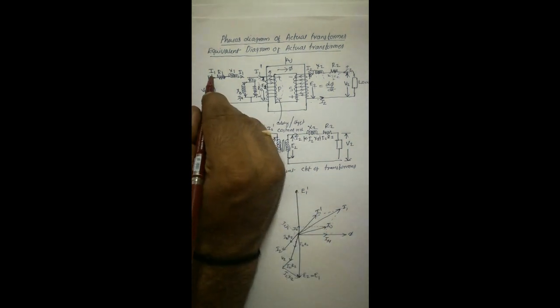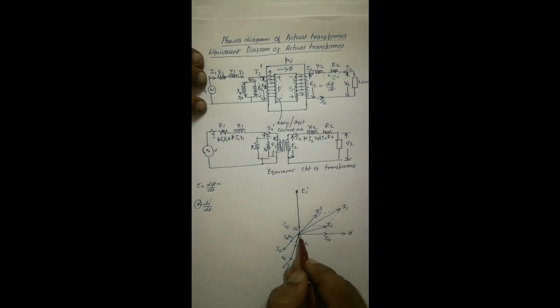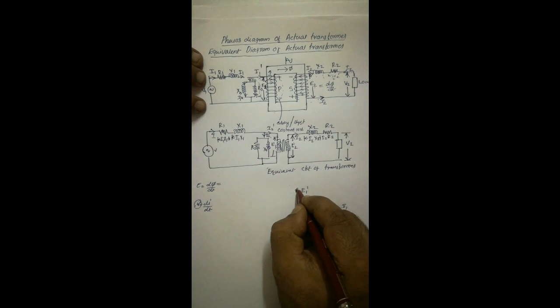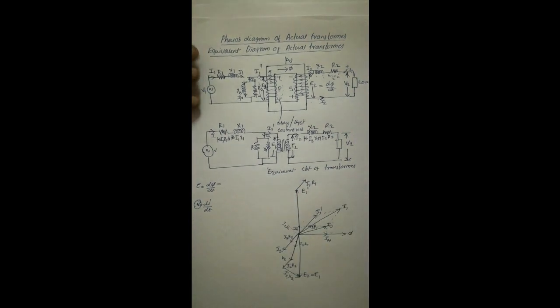I1 into R1 is in phase with I1. We take this vector and add it here.